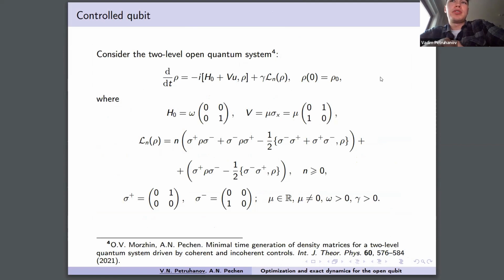And here we discuss the simplest case. This is the open qubit, because we have an environment.